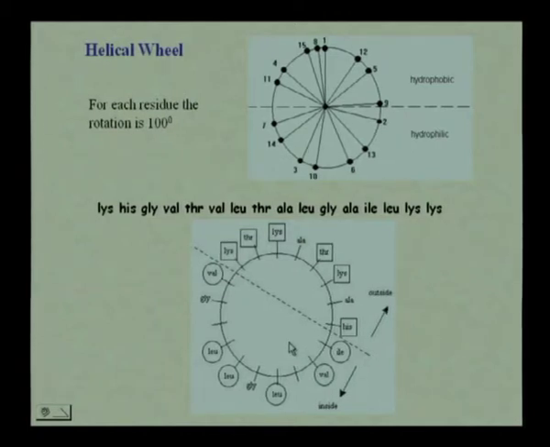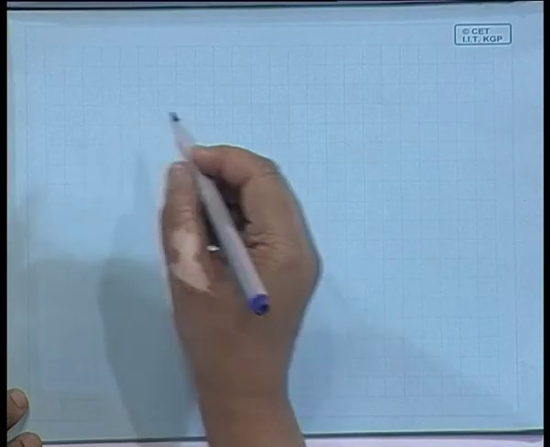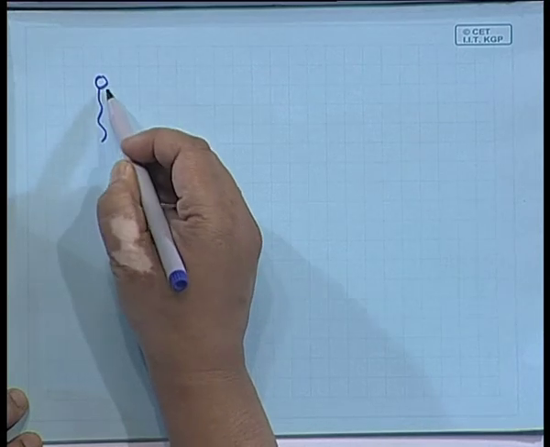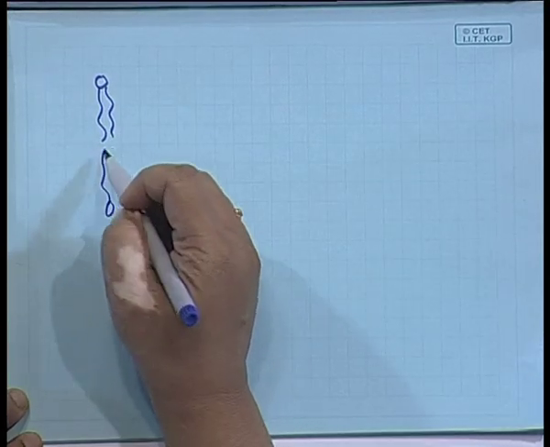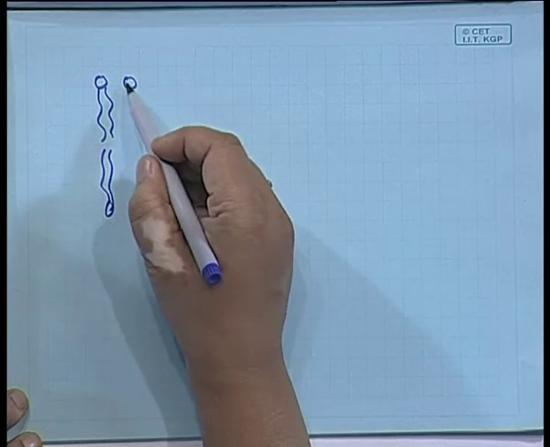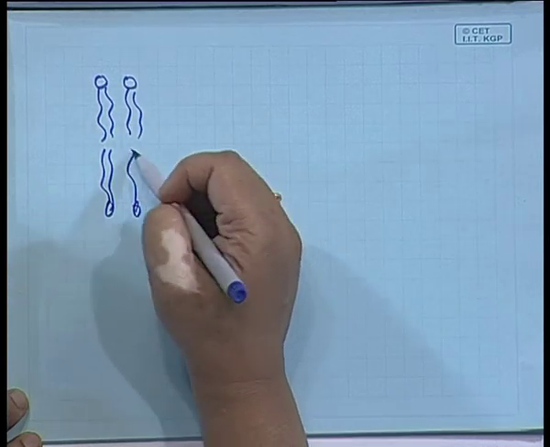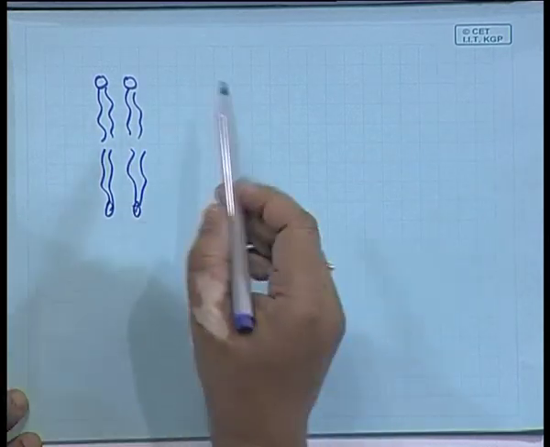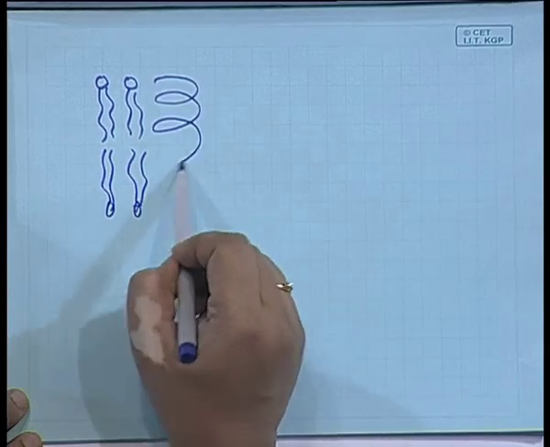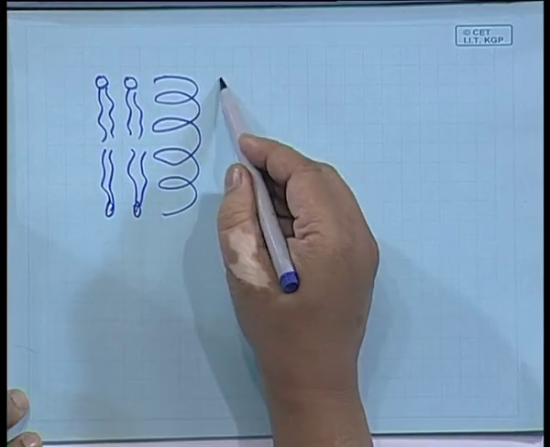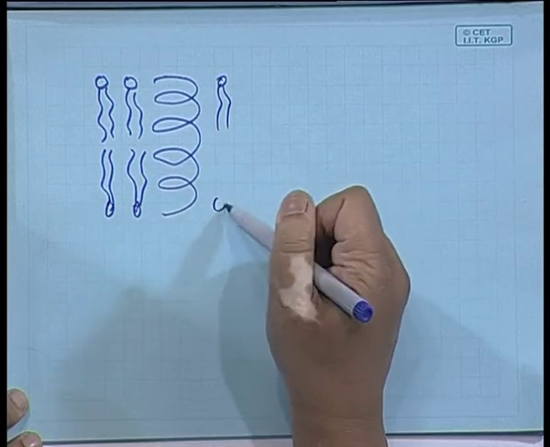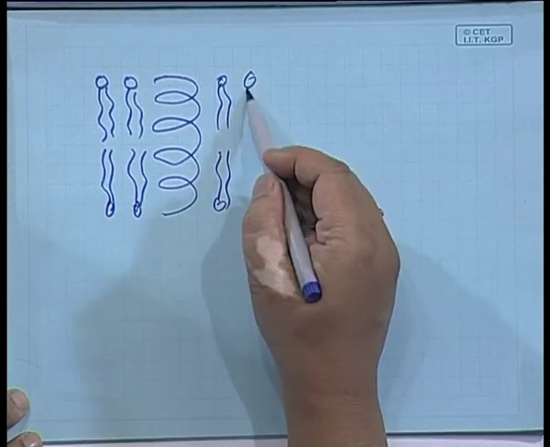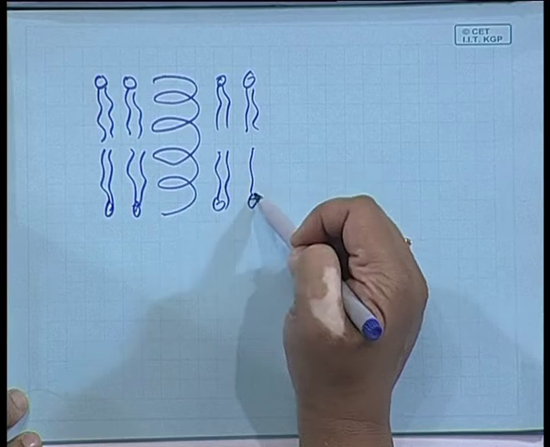Now, if we were to look at a helical wheel for say a membrane protein, what do we have in a membrane? We have something like this. Okay? If I have a helix here, what should I get when I construct a helical wheel?